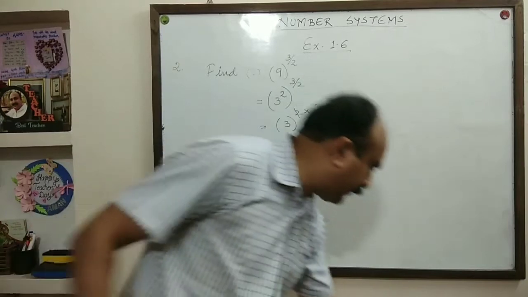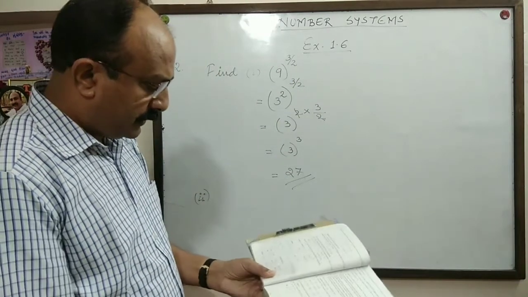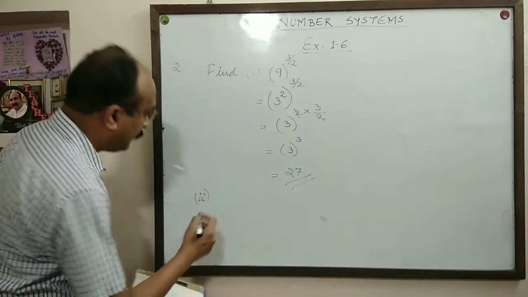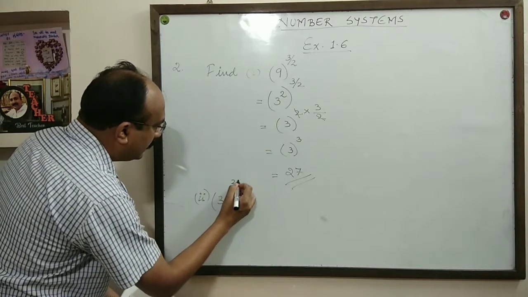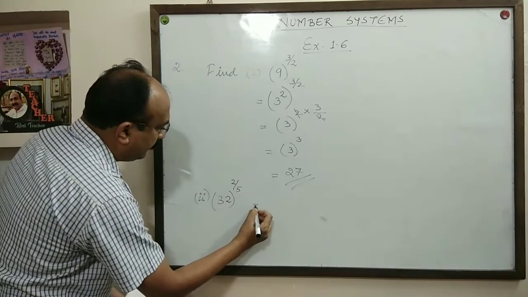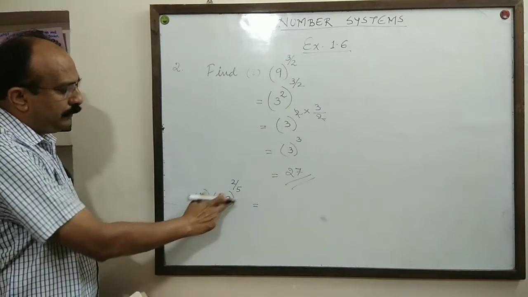Find the value of 32 power 2 upon 5. 32 is 2 power 5.